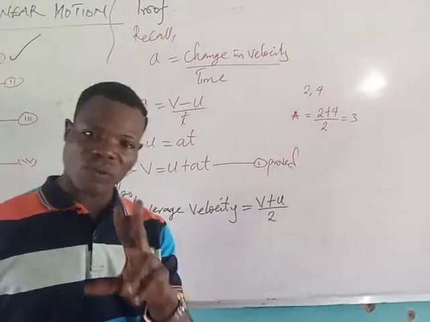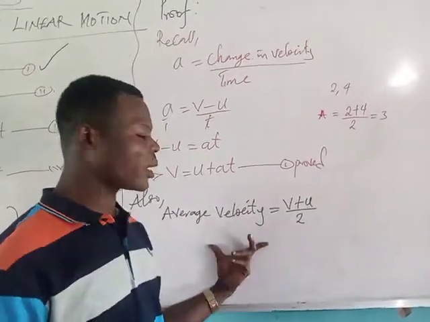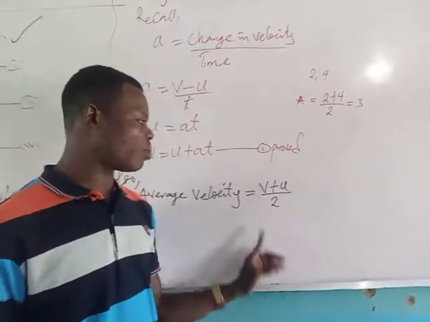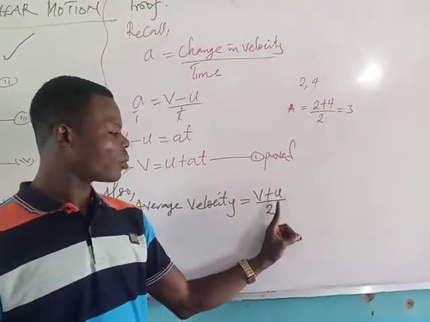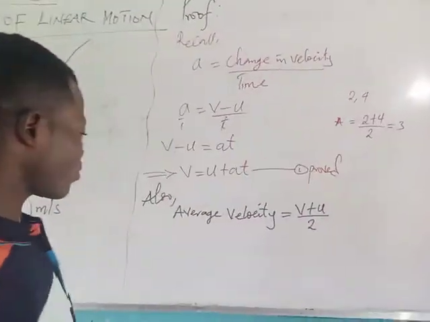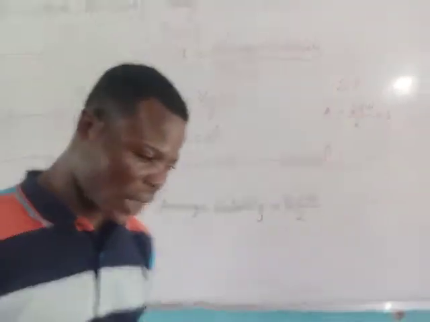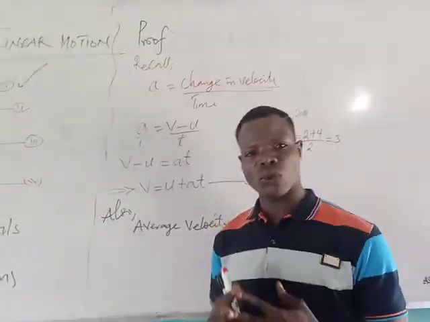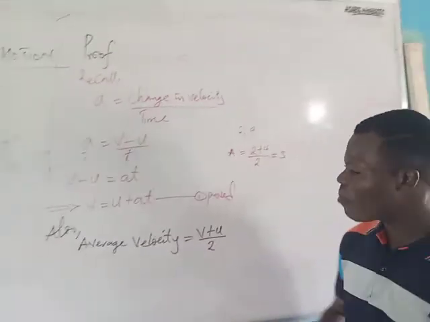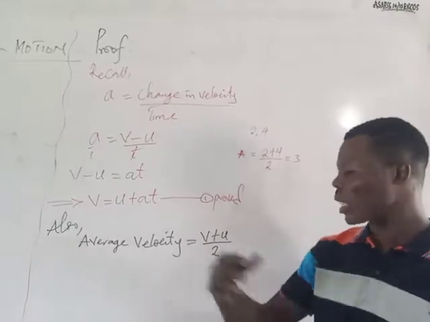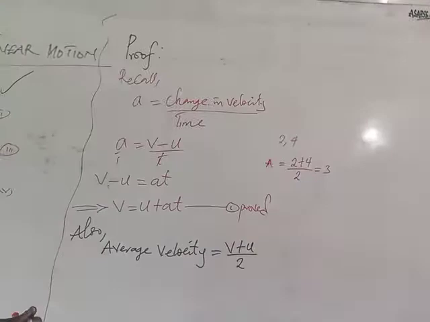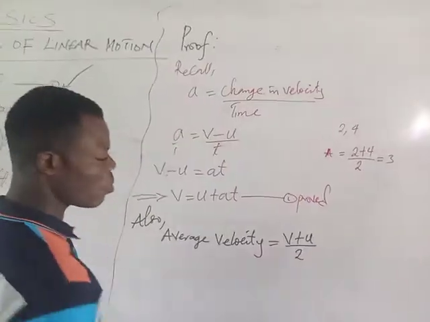Therefore, since we have two velocities, the initial and the final, the average of the velocities will be v plus u all over 2. If this is average velocity, we know that average velocity is also total distance traveled over time taken, or the displacement over time.